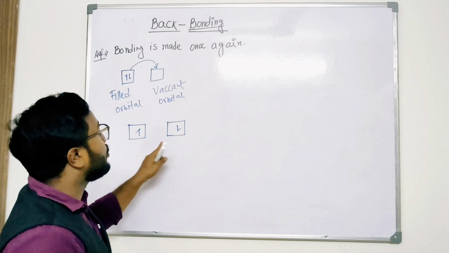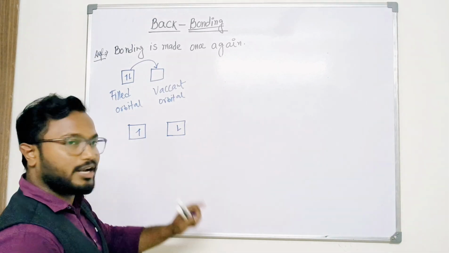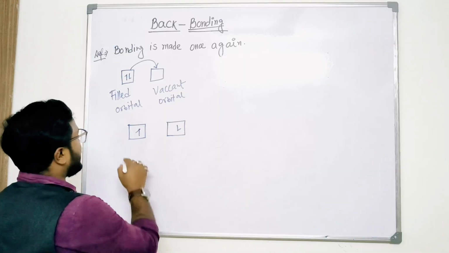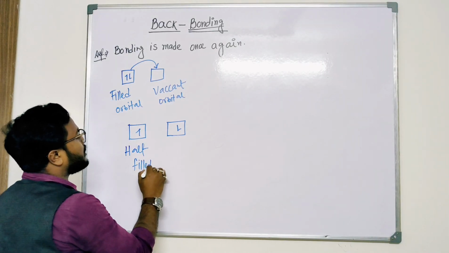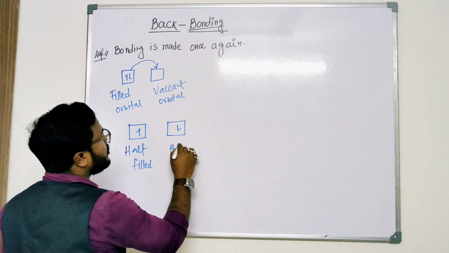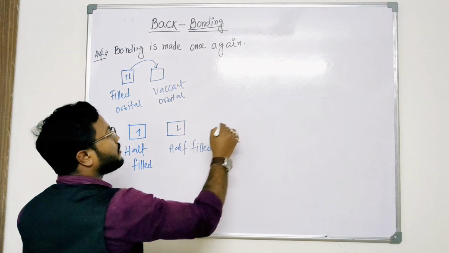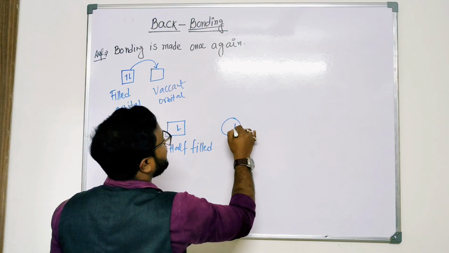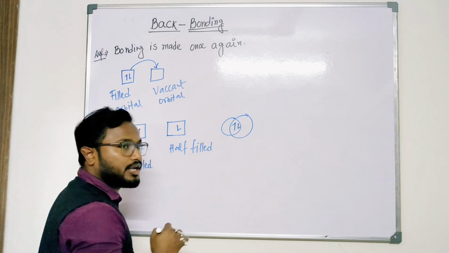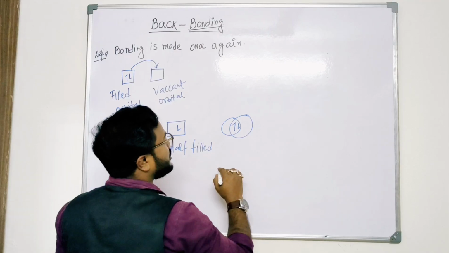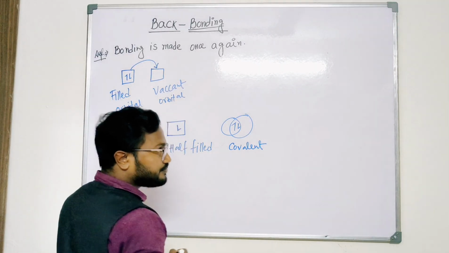According to Pauli's exclusion principle, no two electrons have the same spin, so both are in opposite directions. We represent the two half filled orbitals like this. One half filled orbital is sharing with the other half filled orbital. So in this case, a covalent bond is formed.